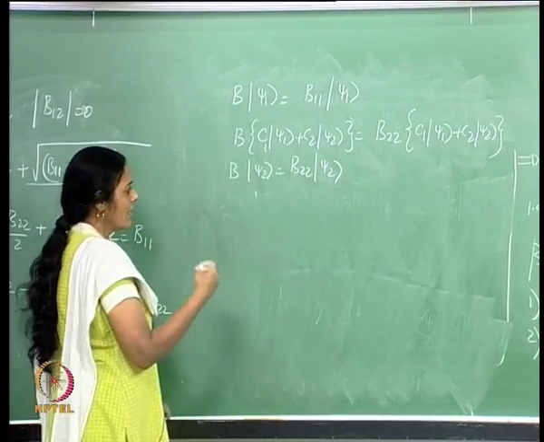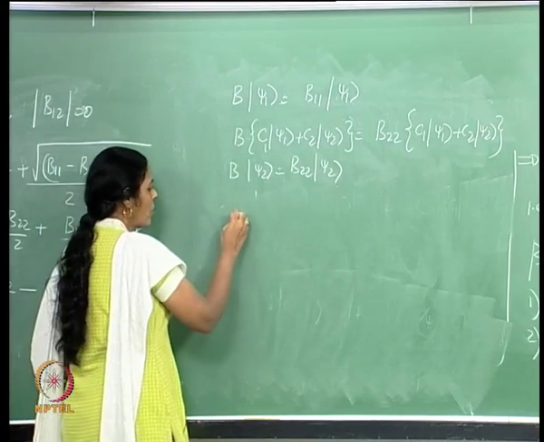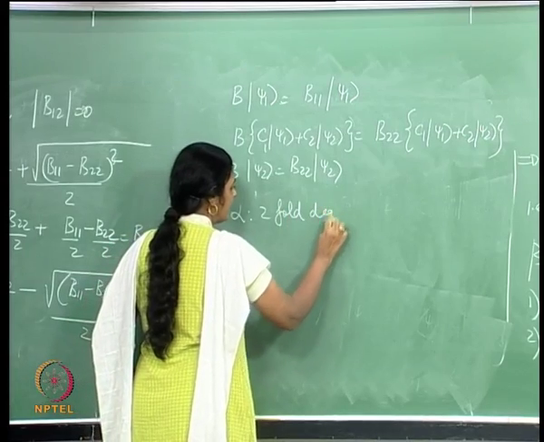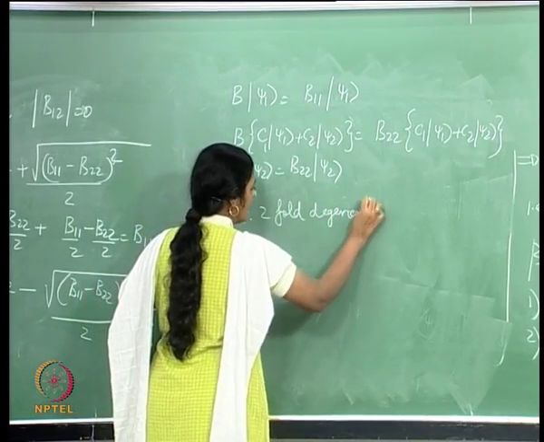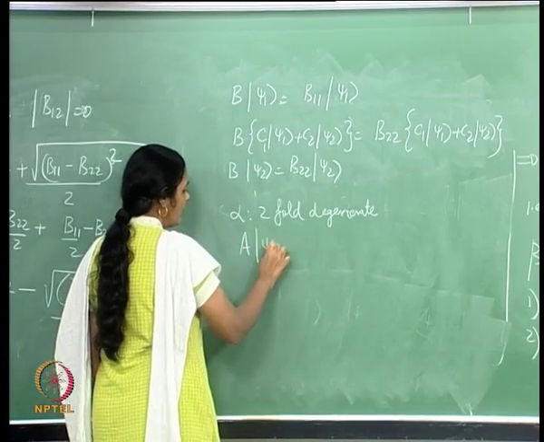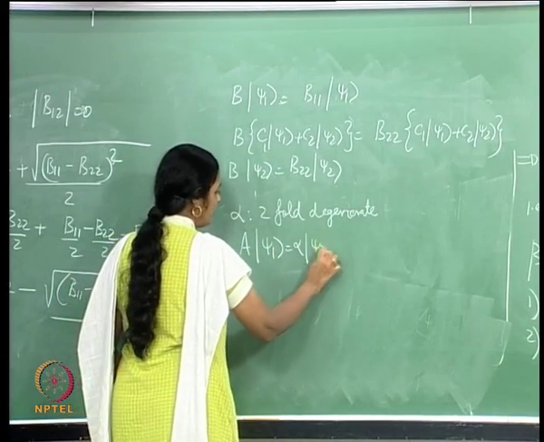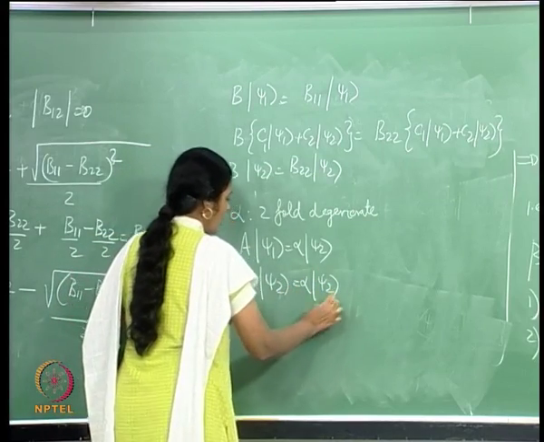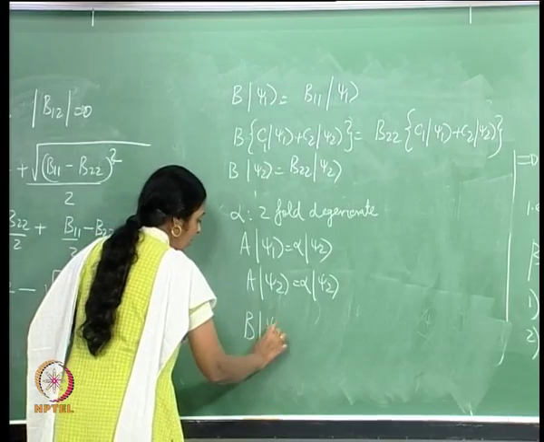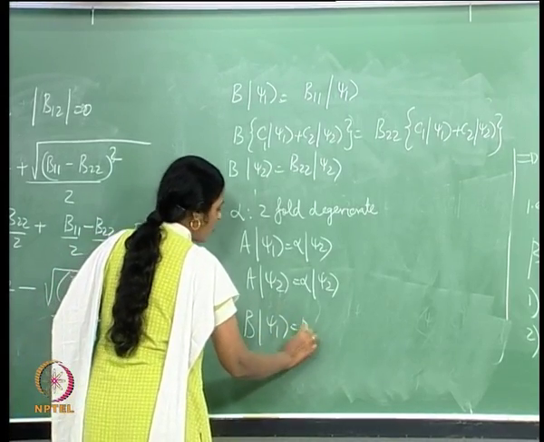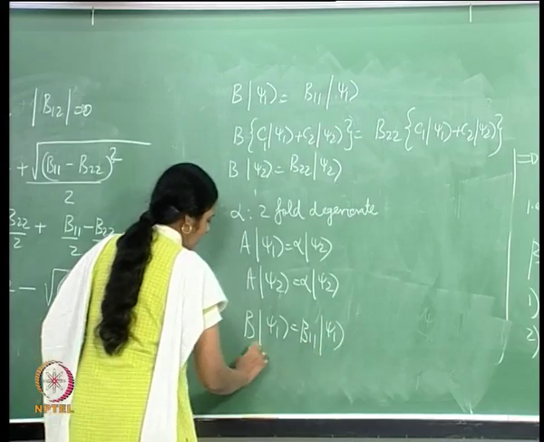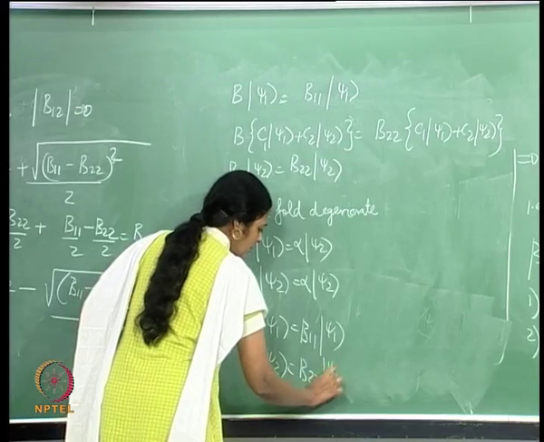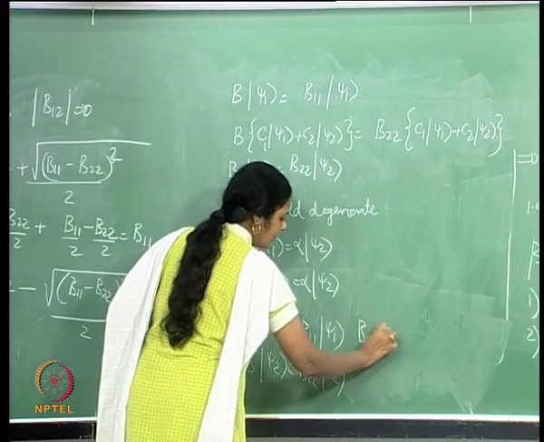So this situation corresponds to alpha being twofold degenerate: A psi 1 is alpha psi 1, A psi 2 is alpha psi 2. However, B psi 1 is B11 psi 1 and B psi 2 is B22 psi 2, with B11 not equal to B22.